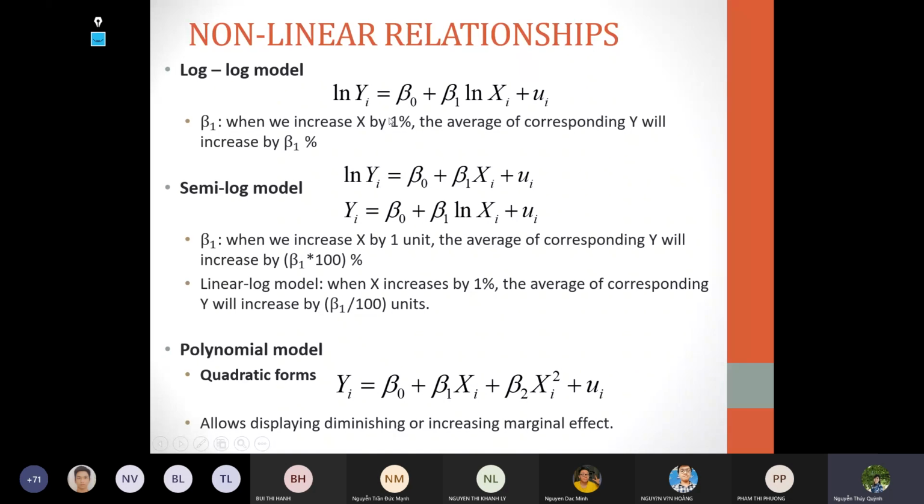We have the natural log of y is equal to beta 0 plus beta 1 times the natural log of x plus ui.